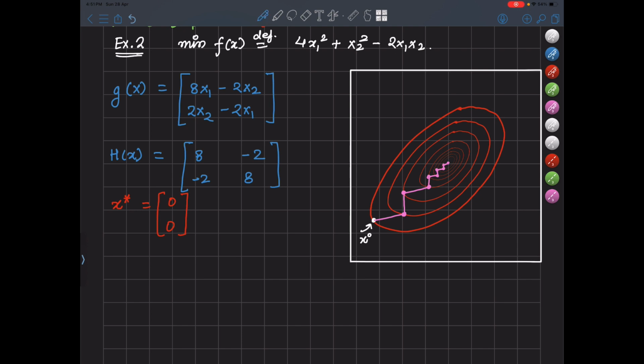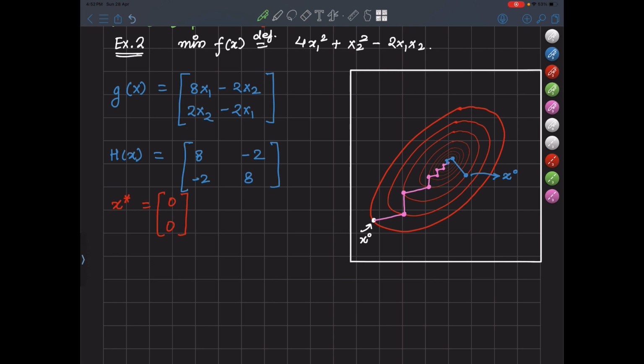And it turns out if we take some other initial point, let's say this one, it goes to the optimal point in only 4 steps. So this is the change. Here the number of iterations depends upon the initial point in steepest descent direction. This happens because these are non-circular contours.